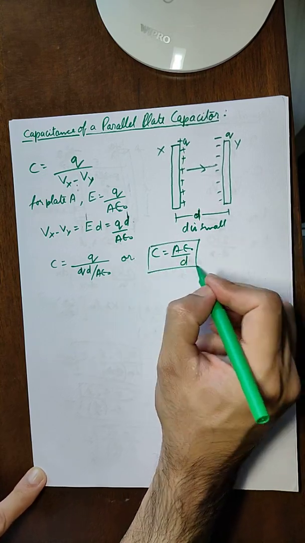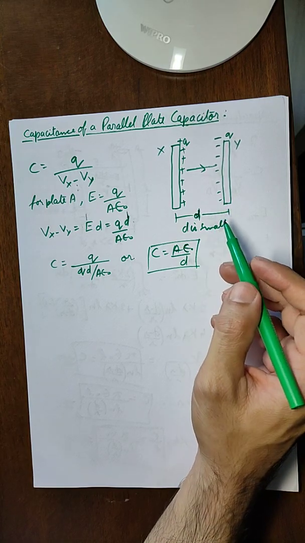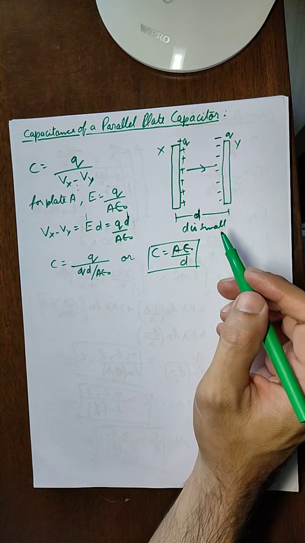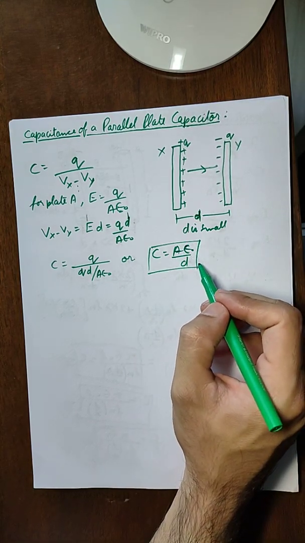This is a very important formula, because we are going to use parallel plate capacitors in a very important way in many applications. So you have to remember this formula. So C equals A epsilon naught upon d.